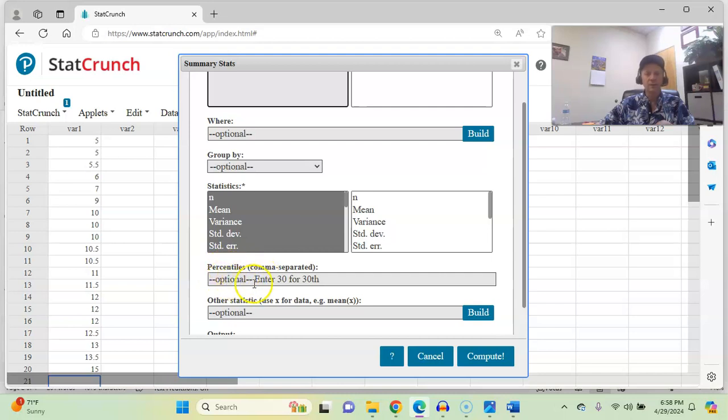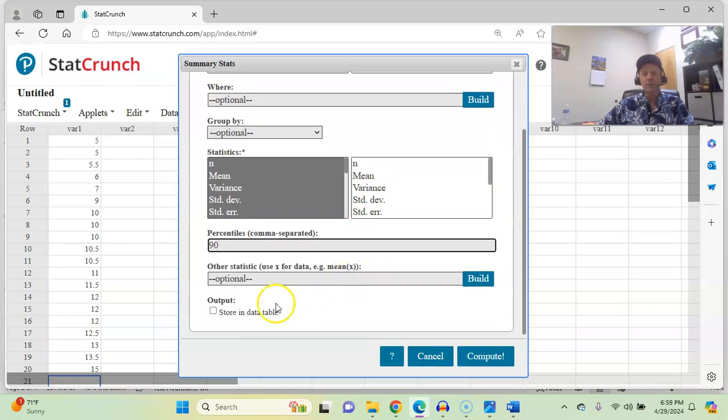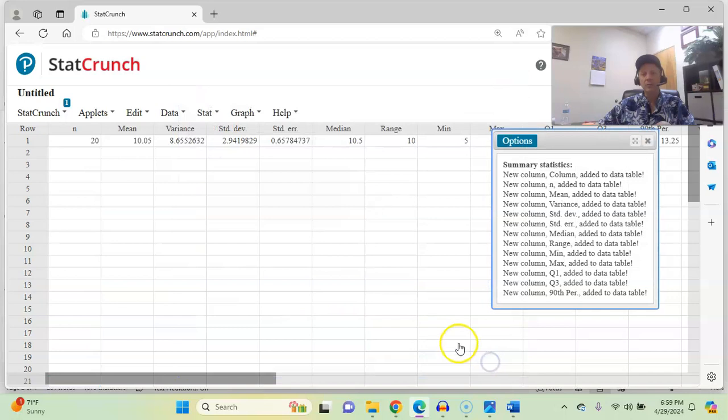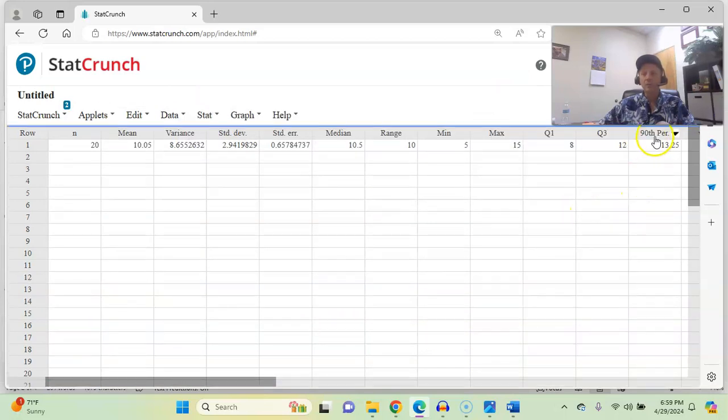For example, it says enter 30 for the 30th percentile. So we're just going to type 90 in there to look for the 90th percentile. And I guess we could store that in a data table and compute. Okay, so what it shows us here is that the 90th percentile is actually 13.25.